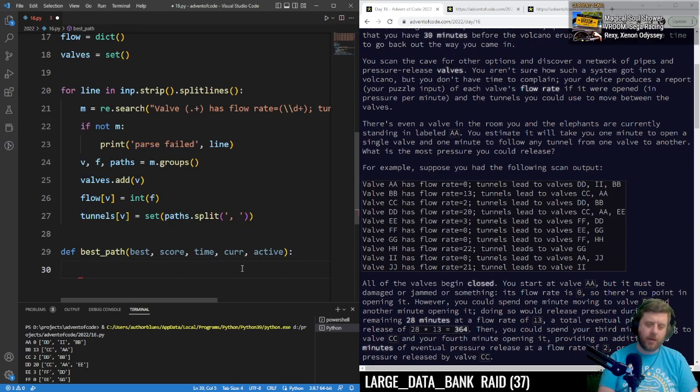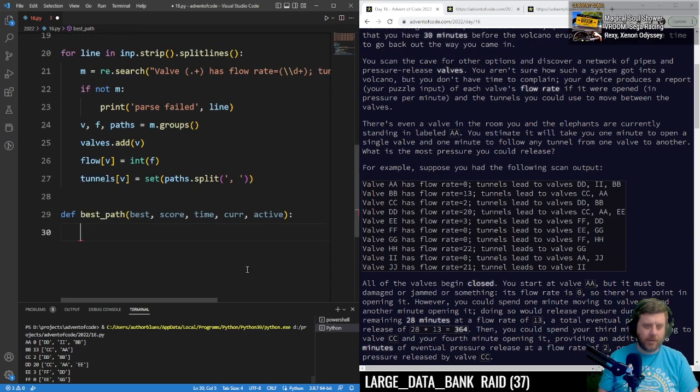This is such a weird... I don't feel like I'm doing this efficiently, but who cares, whatever. So it takes me a unit of time to move from one location to another, or to flip the valve at a current location.